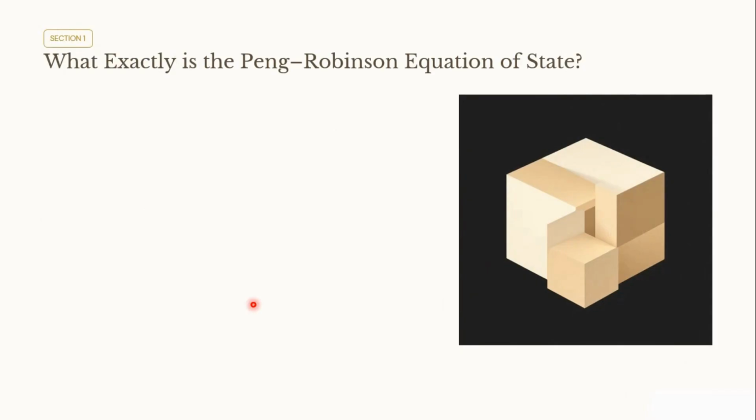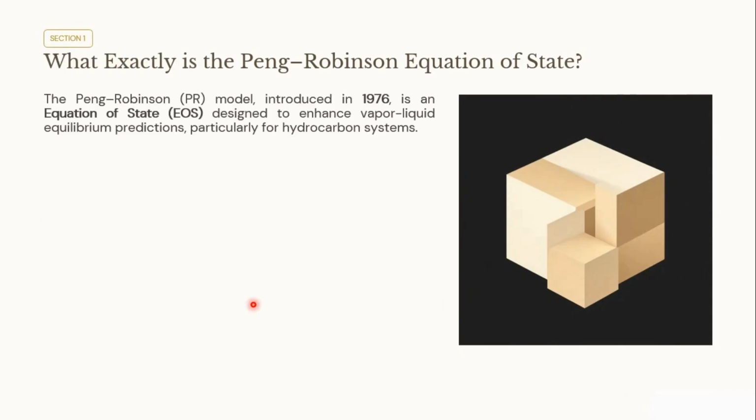So what exactly is the Peng-Robinson equation of state? This model was introduced in 1976, and falls under the equation of state umbrella. It is designed to enhance vapor-liquid equilibrium predictions, particularly for hydrocarbon systems.